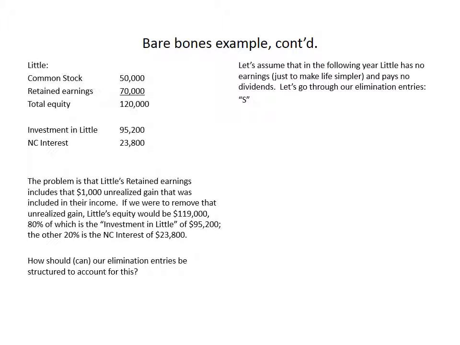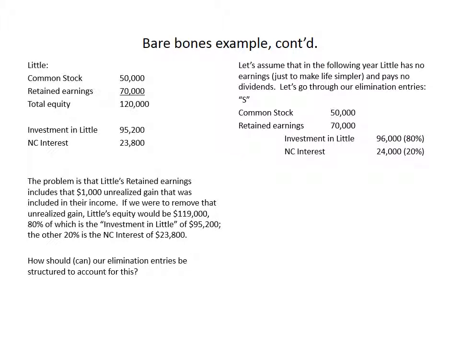Let's go ahead and go through our elimination entries. Again, we eliminate the subsidiary's beginning of year common stock and retained earnings accounts, total of $120,000 on the debit side, and we're just going to split that 80-20 between the investment in Little and the non-controlling interest. Now again, look at that entry and compare it to the information on the left-hand side of the screen.